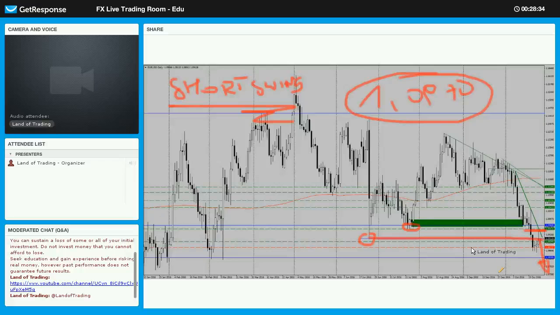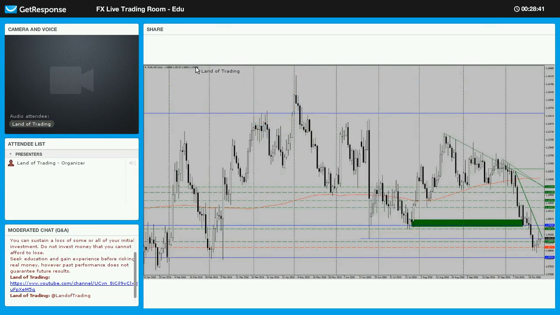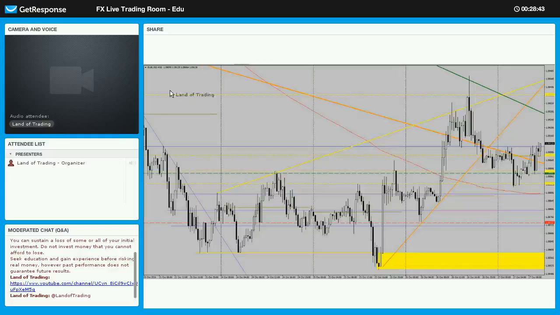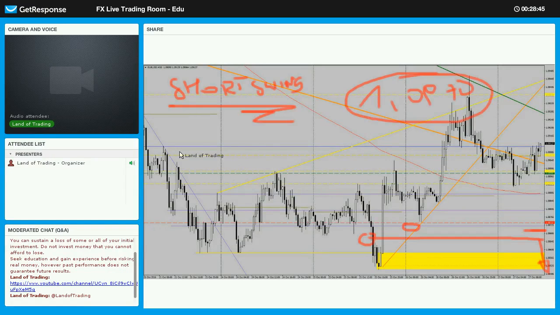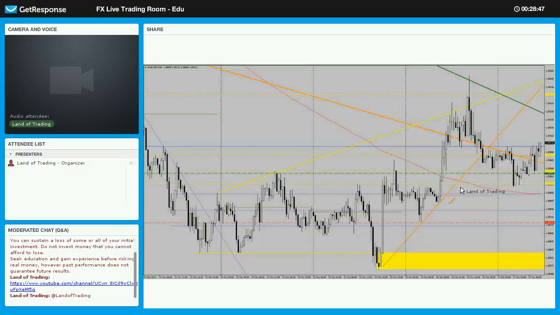Okay, closer to 109.70. Still, short-term day trading during the Tokyo session, we hit some demand level, and we are trying to push higher.